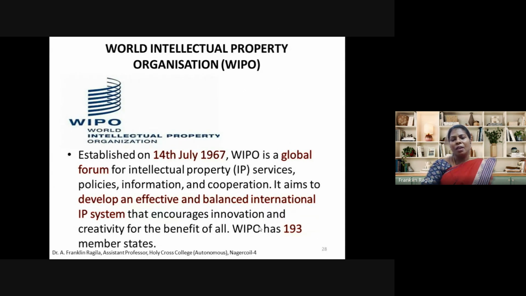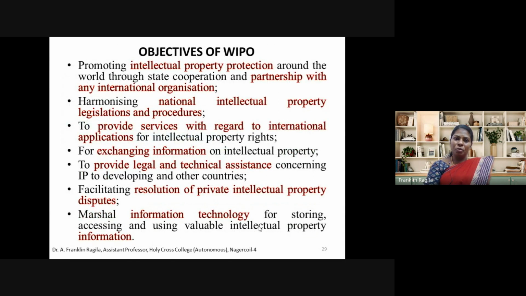WIPO has 193 member states. Out of 193, India is also one of the members of WIPO. India joined WIPO in the year 1975. And the objectives of WIPO are: it promotes intellectual property protection around the world. How are they doing it?